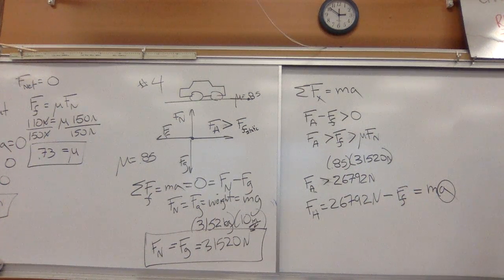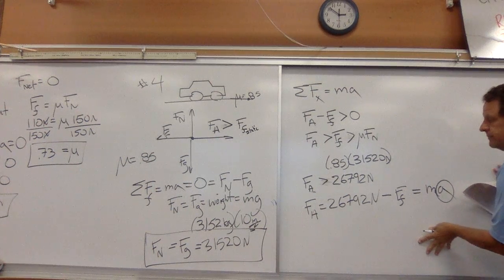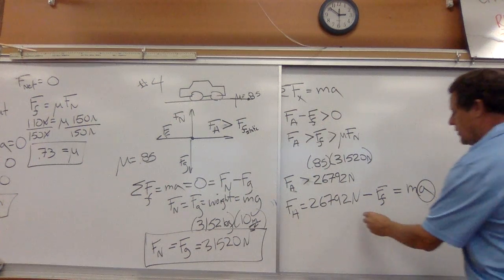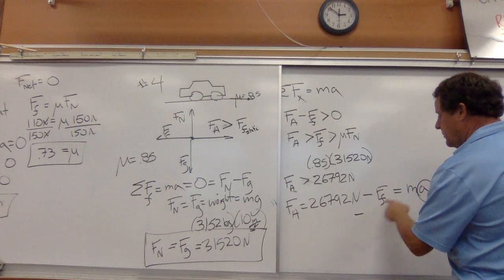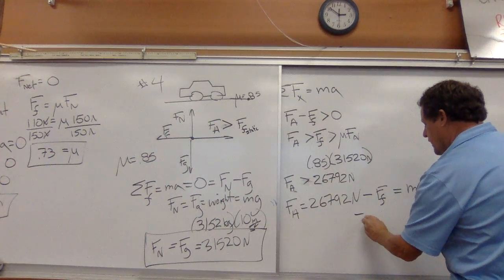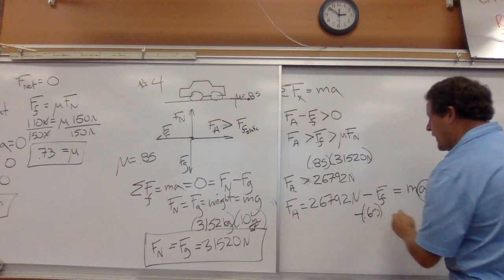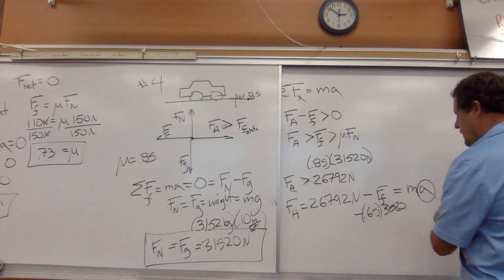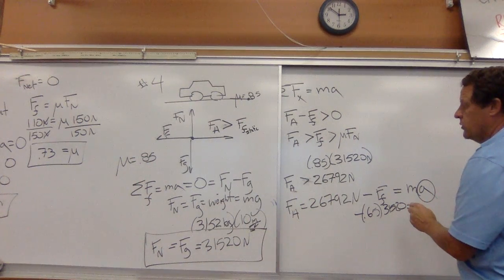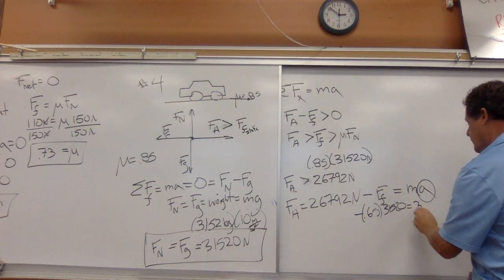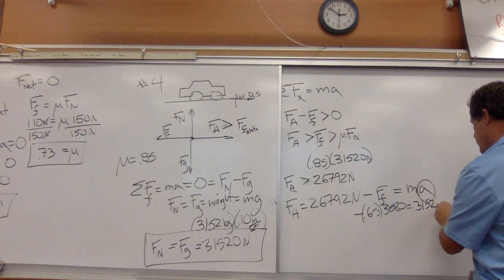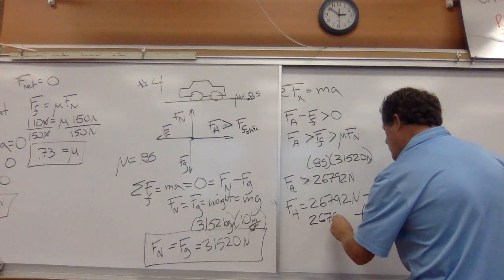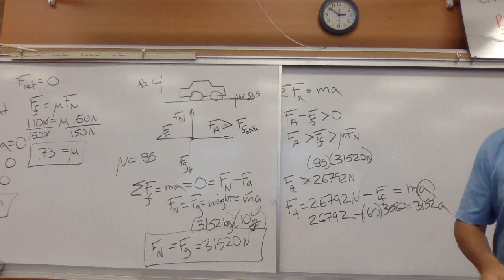Now, it looks like we've got too many variables here, but we know a lot about this. So we know that our force of friction is going to be mu times the normal force, which is 0.65 times our normal force, which is 31,520, and that's going to equal our mass, which is 3152, times a. And we still have our 26,792, okay?